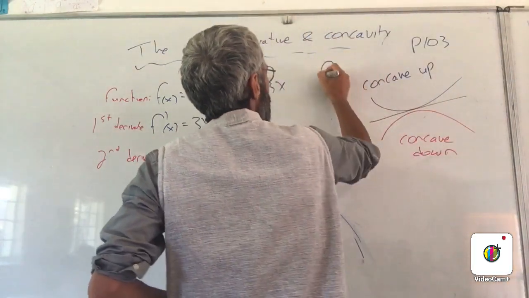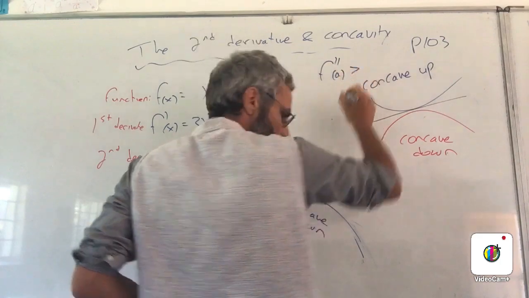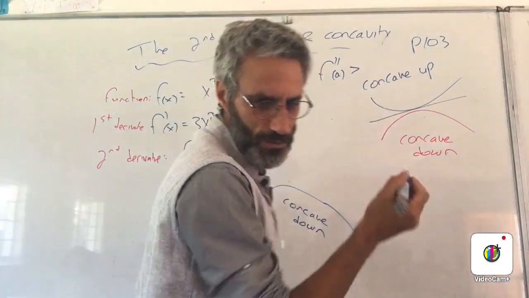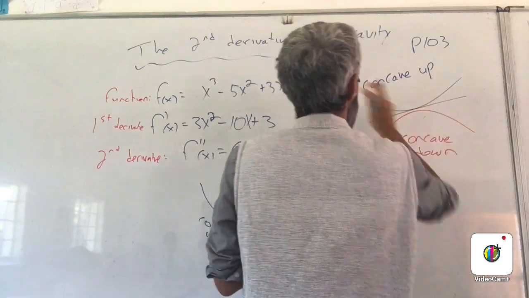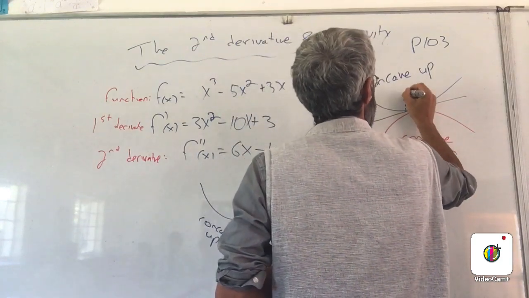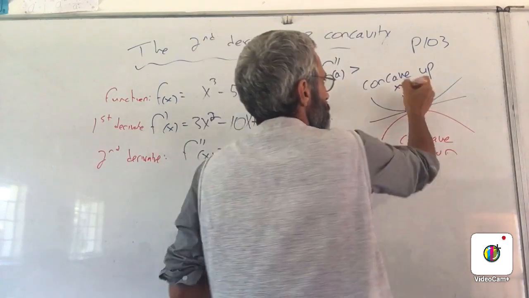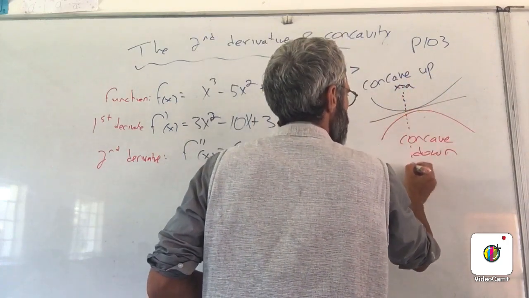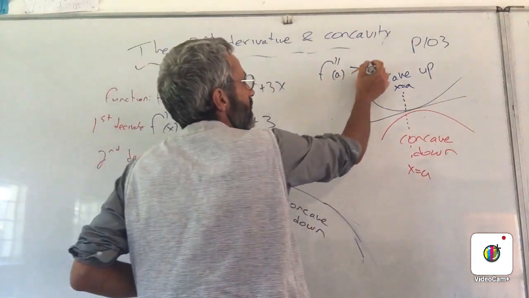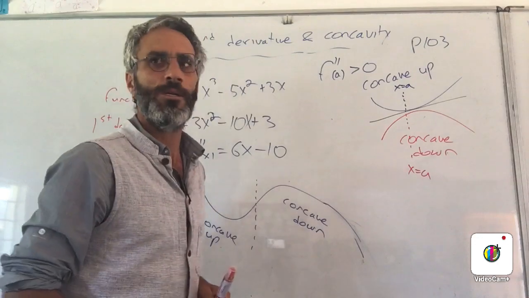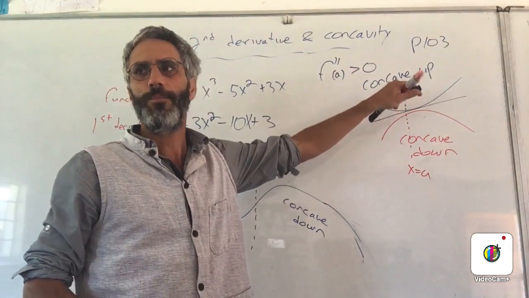So let's do it like this. This is, let's say, x equal a. On this function, we're looking specifically at x equal a. If the second derivative is larger than 0, then we know that the graph at this point is concave up.